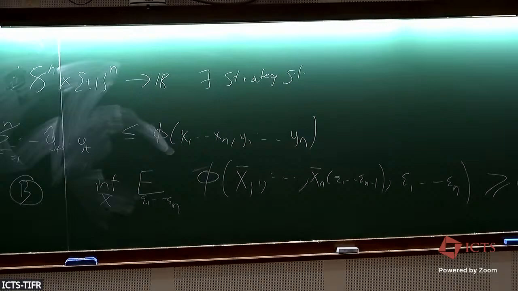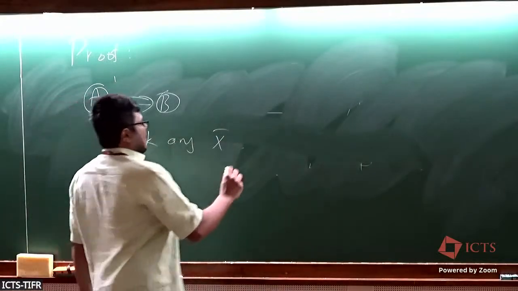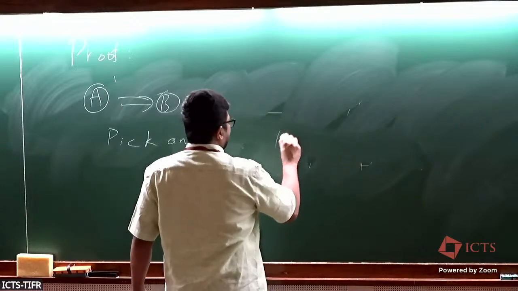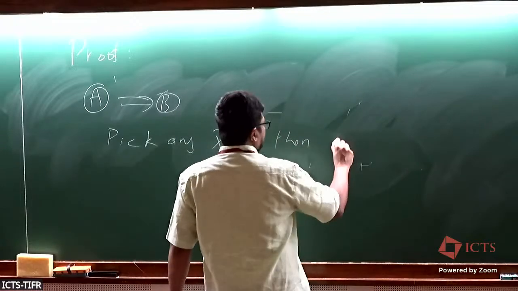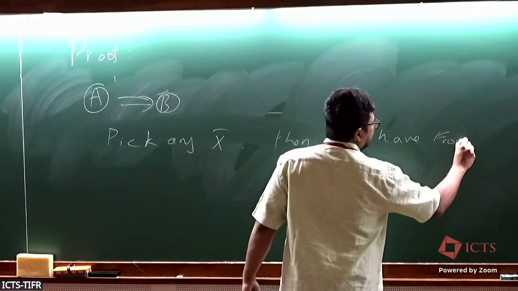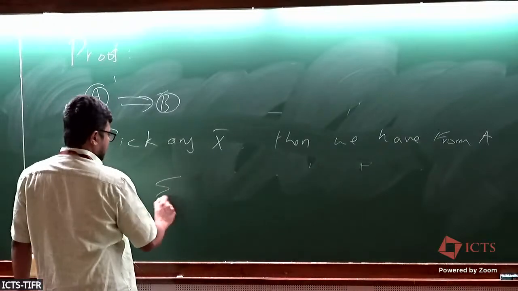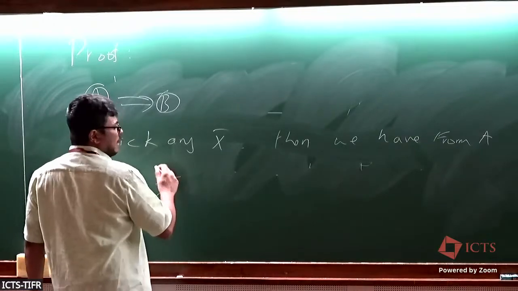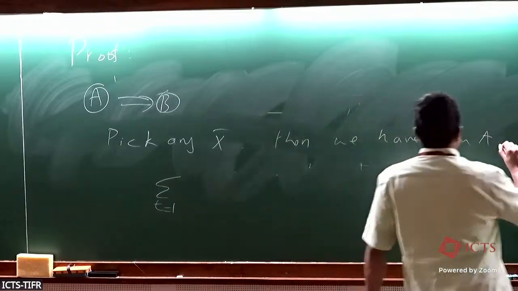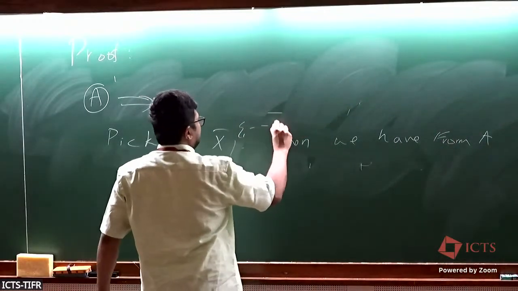pick any tree x bar. Then we have from A that, pick any x bar, comma, epsilon 1 through epsilon n.